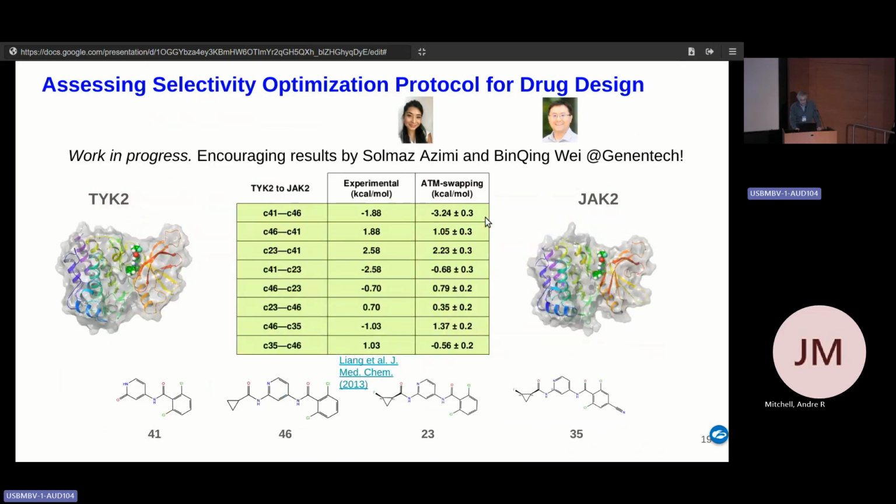More recently, with the help of Binching Wei at Genentech, we are trying to assess how useful this is for actual medicinal applications. They gave us a data set from an oldish paper. The effort here was to make ligands that were selective for TYK2 as opposed to JAK2.